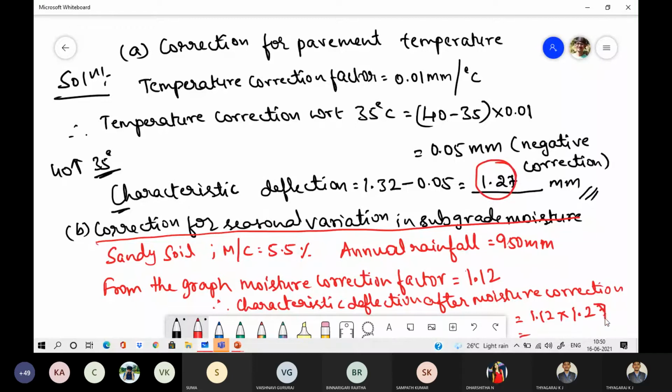Check how much you are going to get. 1.42. That will be the corrected characteristic deflection.